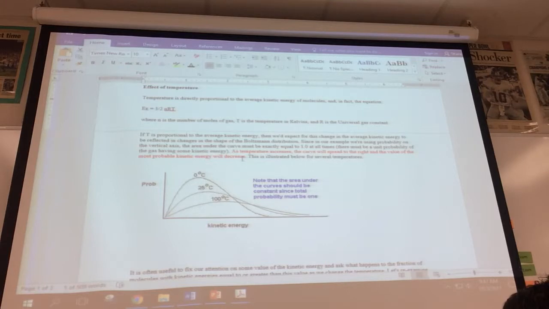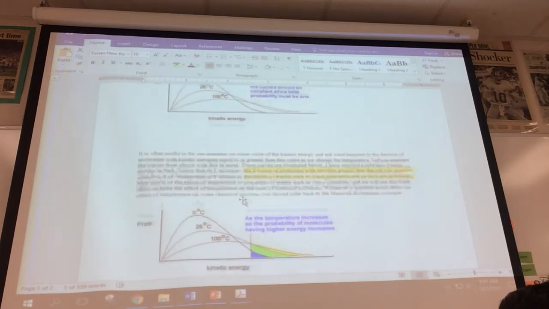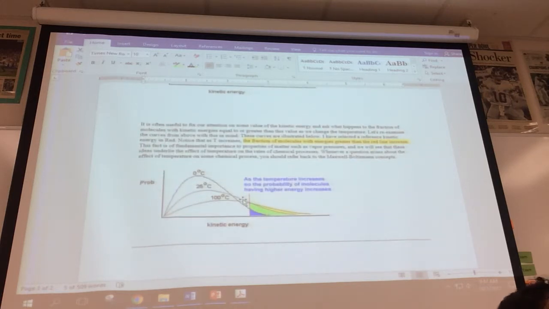This particular graph shows you that as the temperature increases, you're at 0, you're at 25, you're at 100 degrees Celsius, the curve spreads to the right, and the value of the most probable kinetic energies will decrease. So again, a movement to the right and a smushing down. If you draw this red line here, you'll see that the fraction of molecules with energies greater than the red line increases.